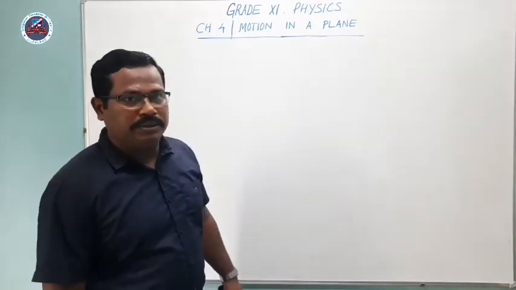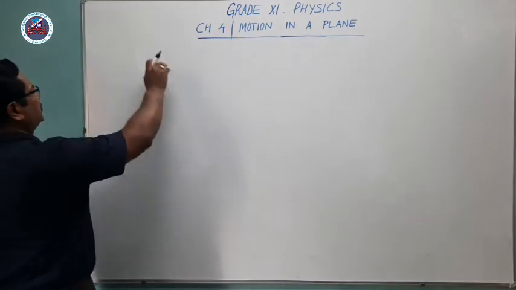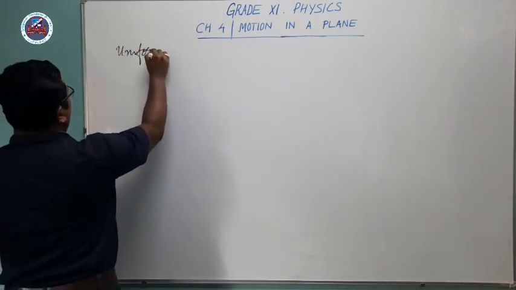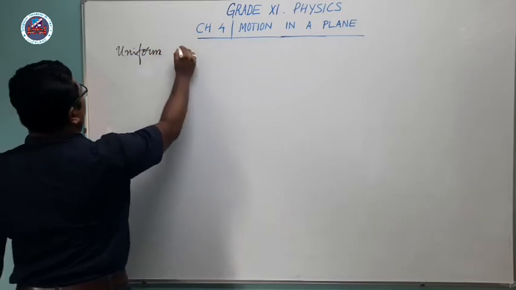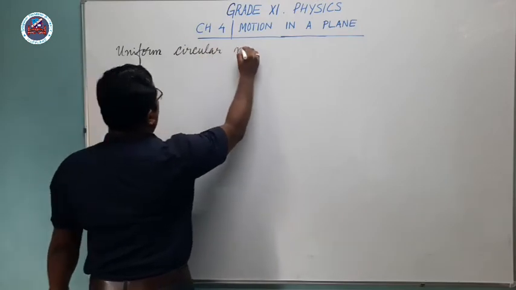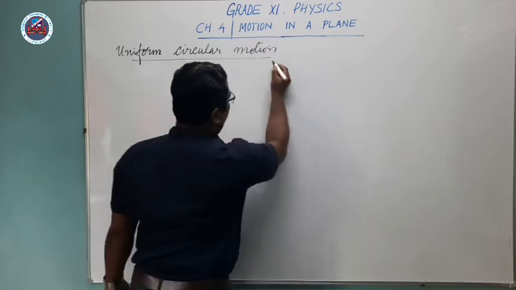Today we are going to discuss circular motion, or what we call uniform circular motion. Circular motion, you already know, is when a body goes around a circular path.